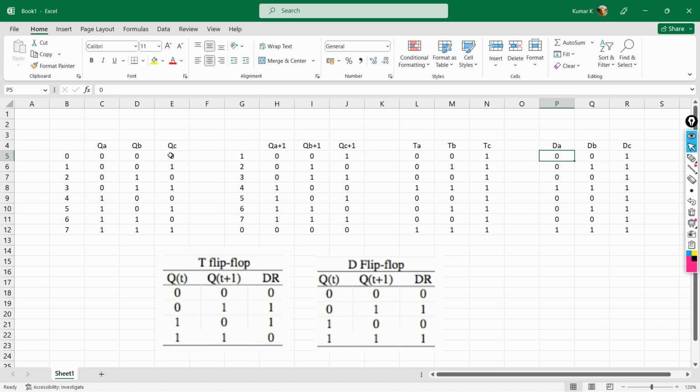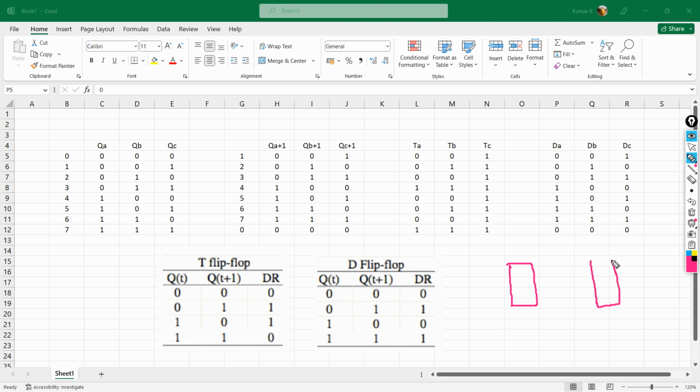For example, now here, ideally what I would say, you can just copy all this and put it over here. Got it? Now you need to solve this using the K-map or whatever method you are comfortable with, and then design the system, which could be just your simple combo logic. It would be kind of D flip flop.